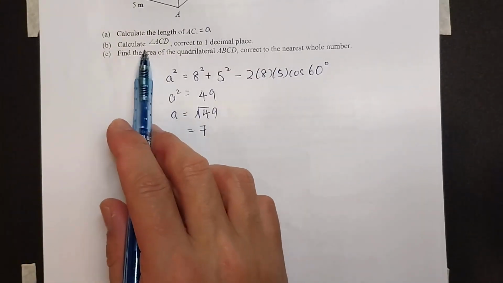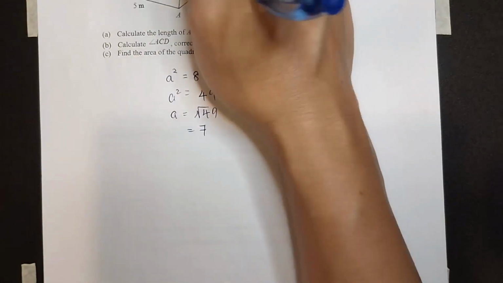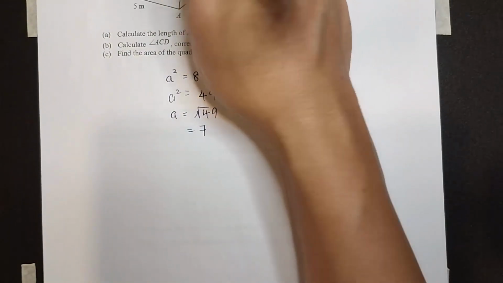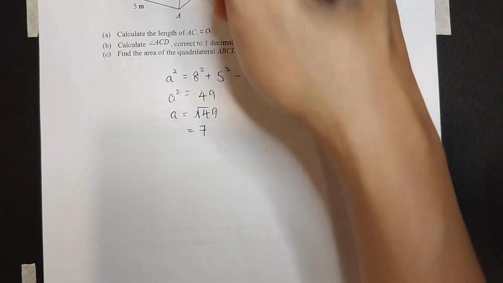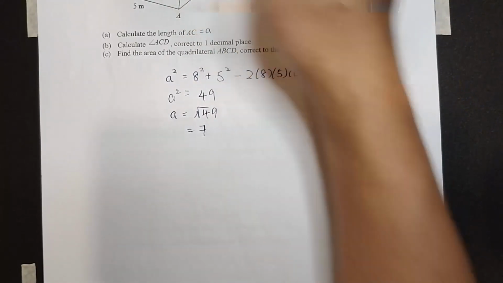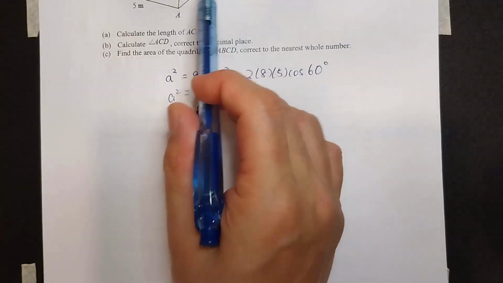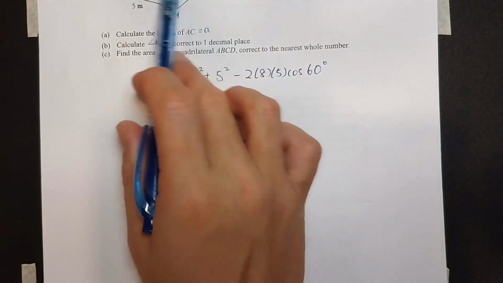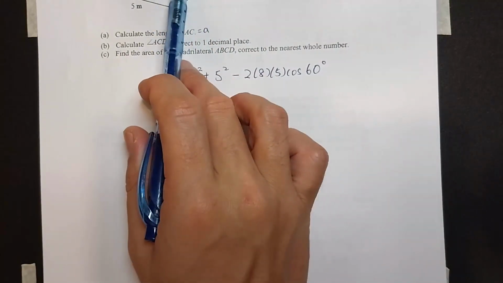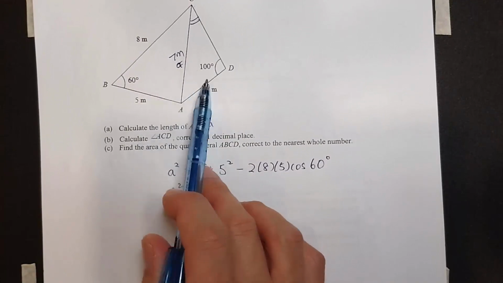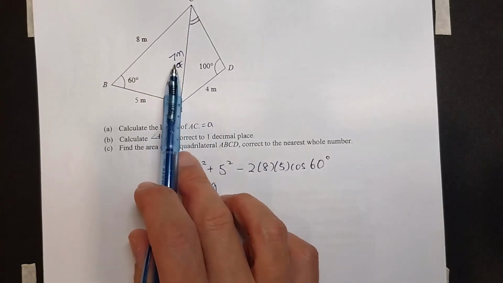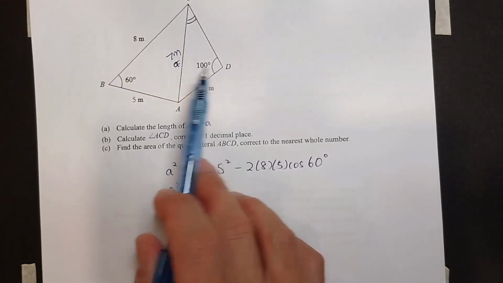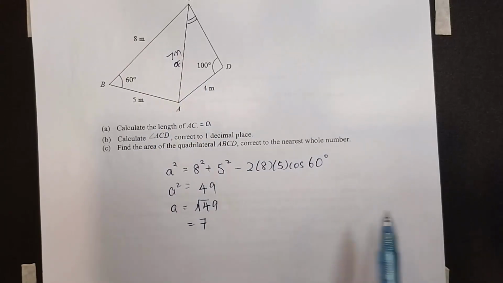Next we are asked to calculate angle ACD. So now that we know that this is 7 meters, ACD, we have a pair of opposite measurements here. So since we have a length and an opposite angle, we will use sine rule.